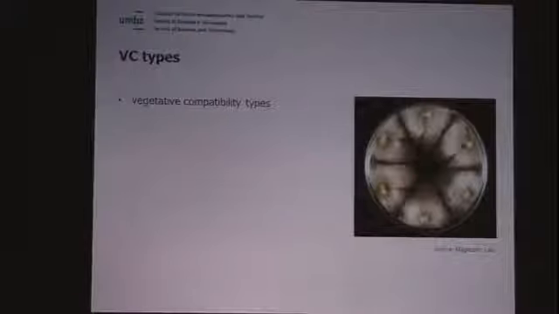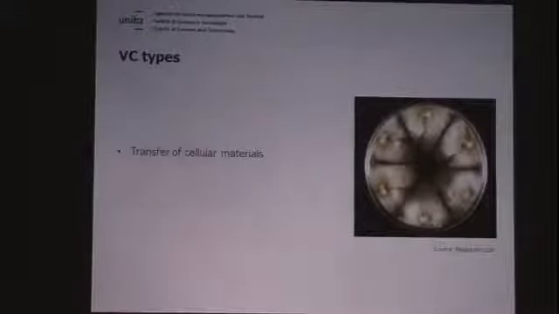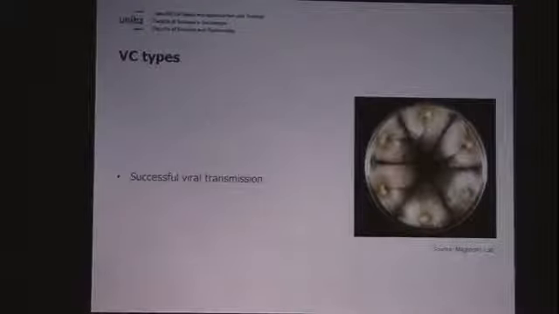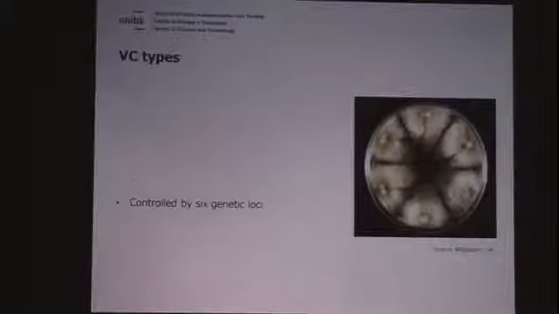This means that the fusion of hyphae, the transfer of cellular materials and the virus transmission will only occur if all of these genetic loci are the same. There are 6 different genetic loci, and on each locus, there are 2 different allele possibilities.